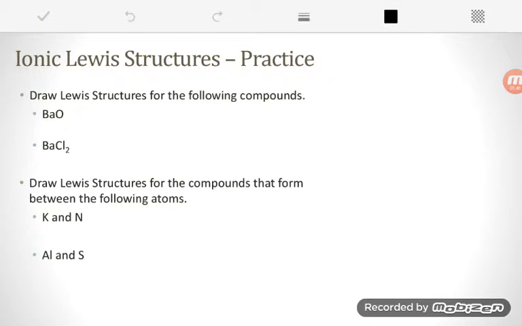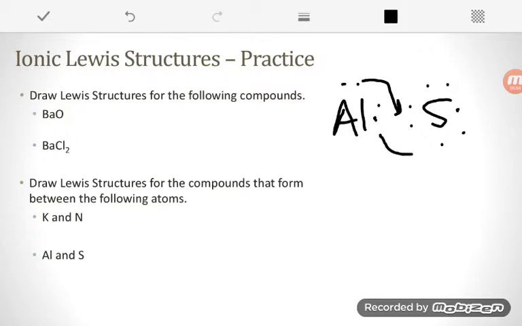So again, we're just going to have to figure out how many of each we'll need to achieve these octets. Aluminum has 3 valence electrons to start with. Sulfur has 6. So we'll do the same thing. So aluminum can give 1 valence electron here and 1 valence electron here. So now this sulfur has his octet.